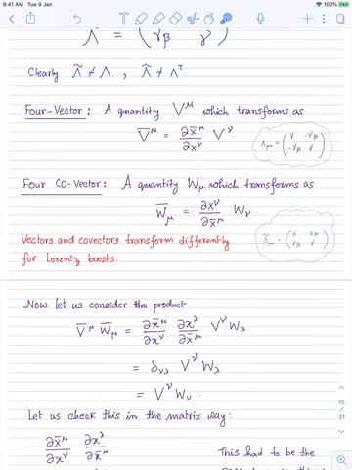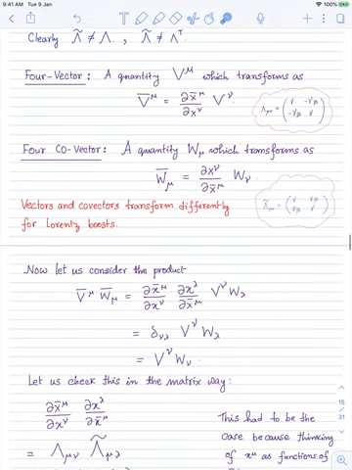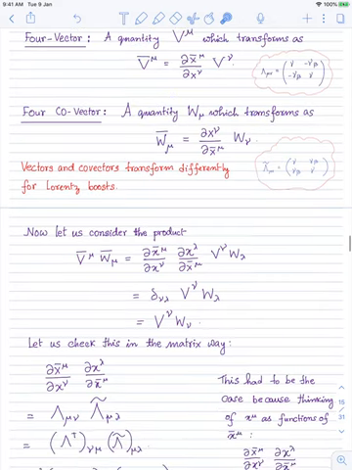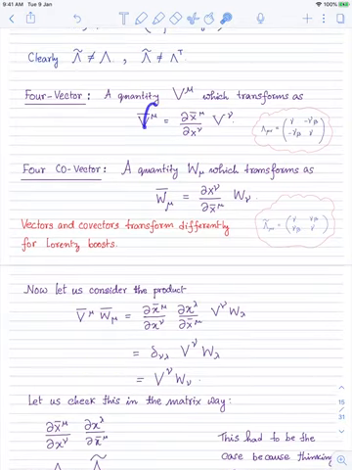I hope the definition of the vector and the covector is clear. You need not talk about infinitesimals or derivatives as such. You can just say that anything that transforms like this is a vector, anything that transforms like this is a covector. That's it. The transformations are different, so the vector and the covector have to be distinguished.